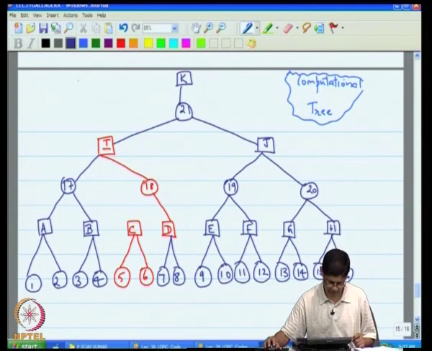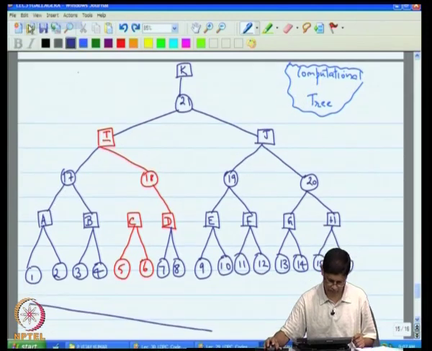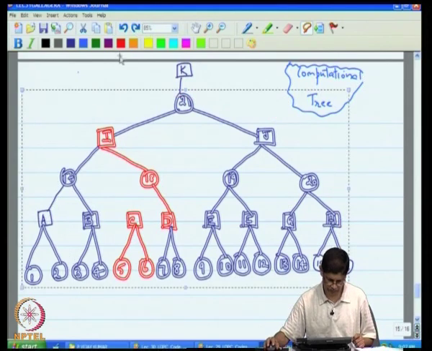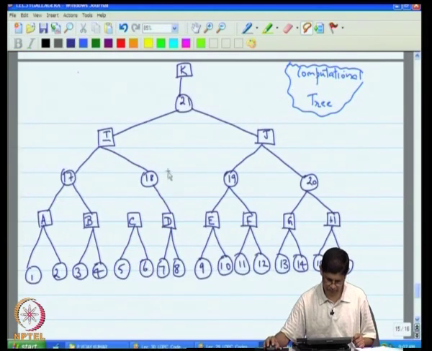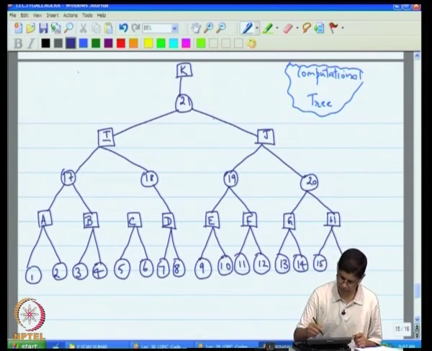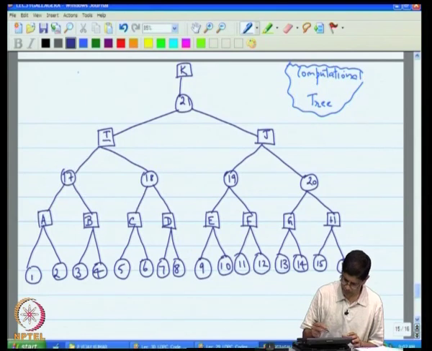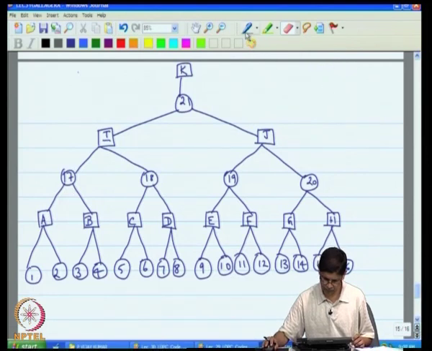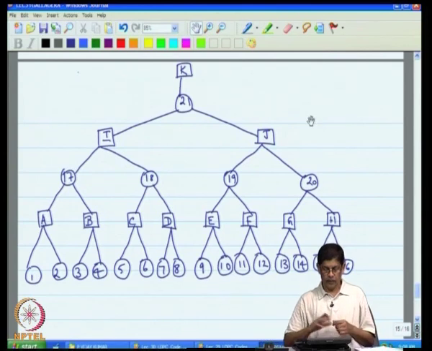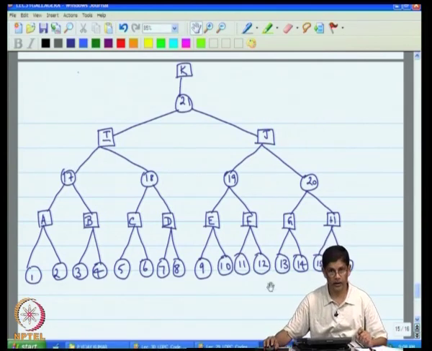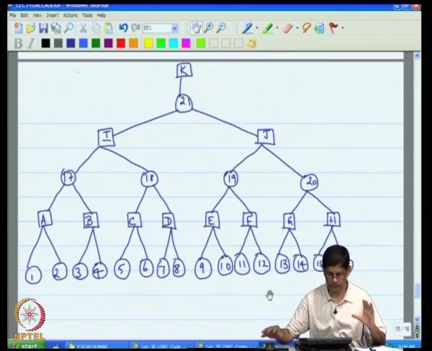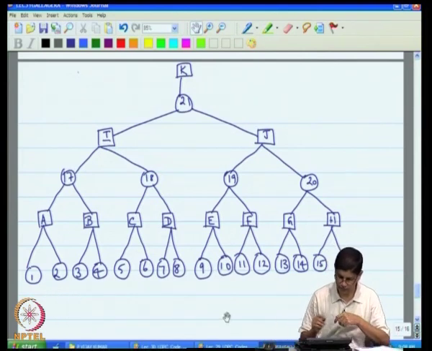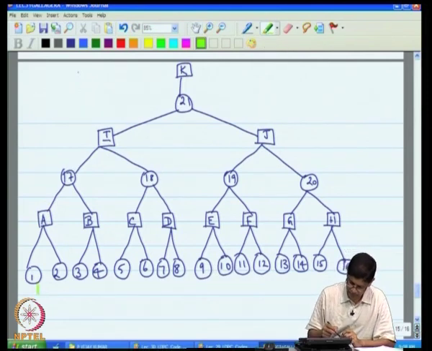We can just have the whole figure in one color. Now, we are doing this density evolution under the assumption that the transmitted code word is a 1. In particular, we know what the transmitted code word is.